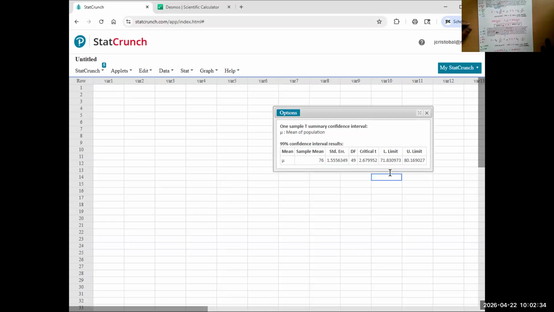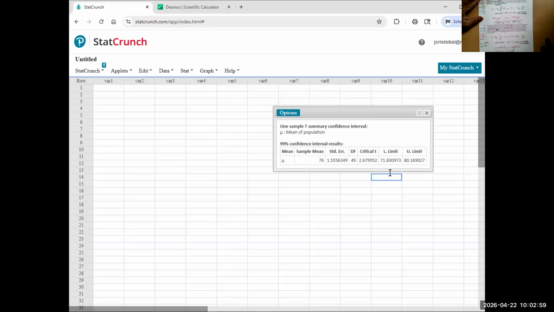Since we're talking about this amount of money they're spending, and my sample data was whole dollars, I'll round to a whole number here as well. That 8 rounds this up, so we're going to estimate that they spend between $72 per day and, now that 1 lets us stay the same, $80 per day. Okay.